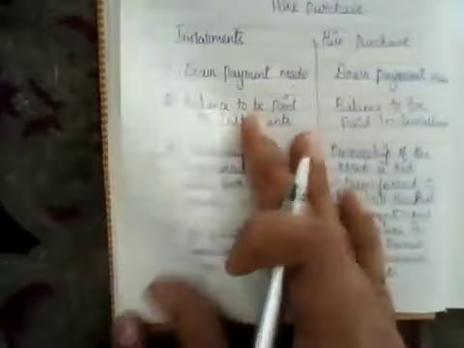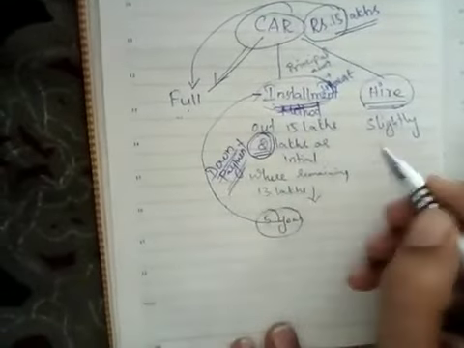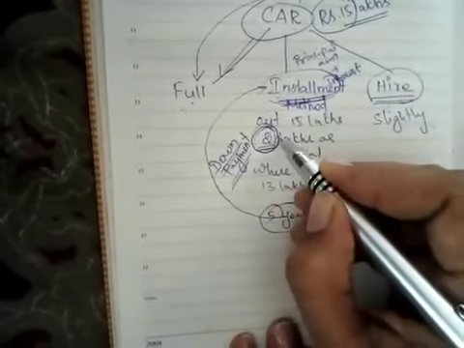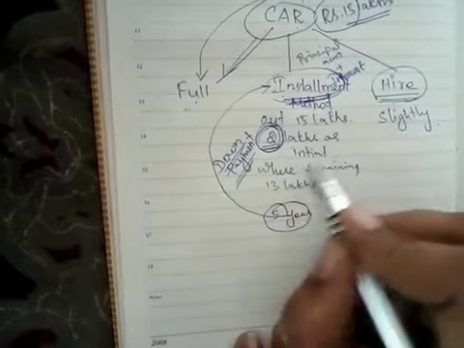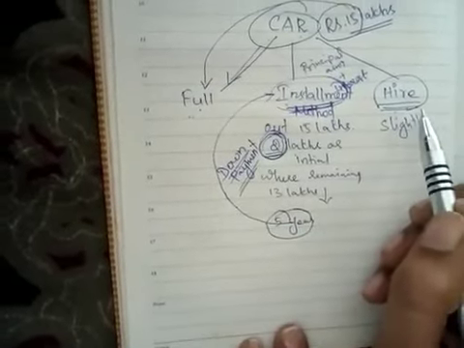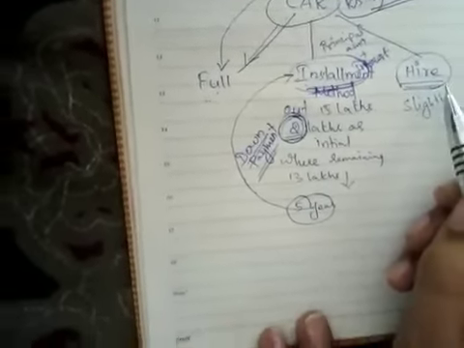Let us have the same example. In the hire purchase system, the same car, 15 lakhs. The down payment made by the hirer is 2 lakhs. Here the ownership is not transferred to the buyer, who is the hirer.